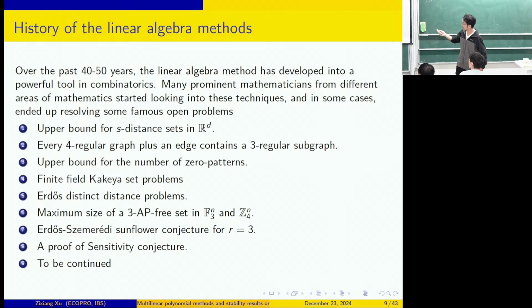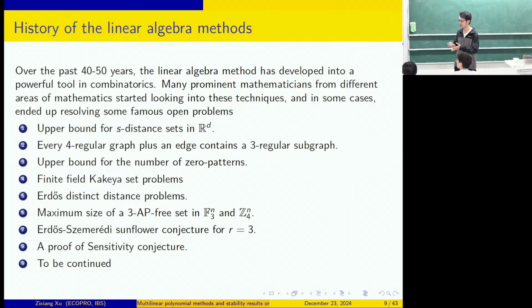Some recent advertisements perhaps lots of people know. For example, the finite field version of the Kakeya set problem, because the original Kakeya set problem is very important in the field of analysis.